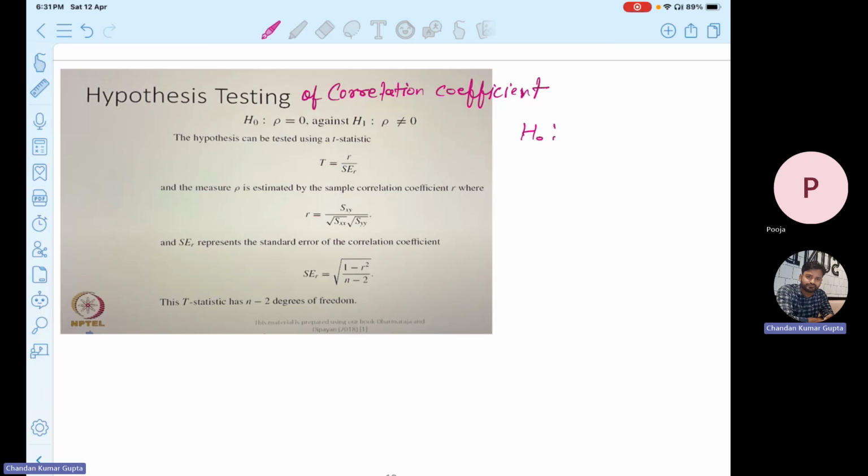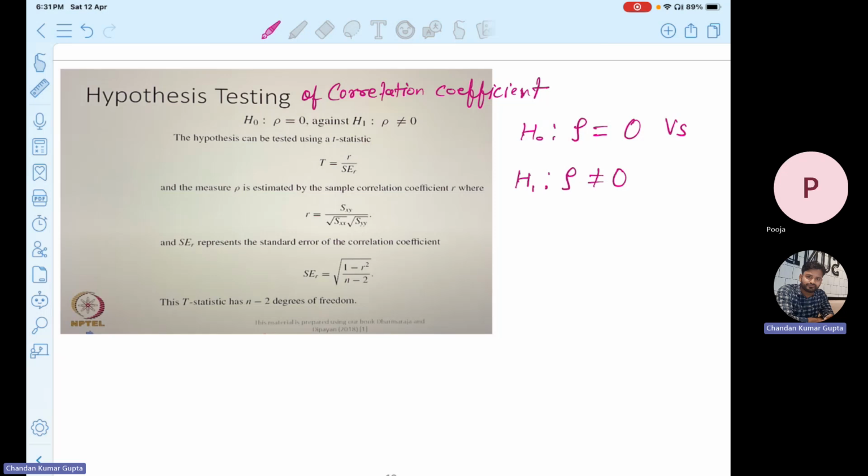The null hypothesis is that the correlation coefficient between the random variables is zero, that is, both are uncorrelated random variables. Against the alternate hypothesis that they are either positively correlated or negatively correlated, or that some correlation exists between those random variables.